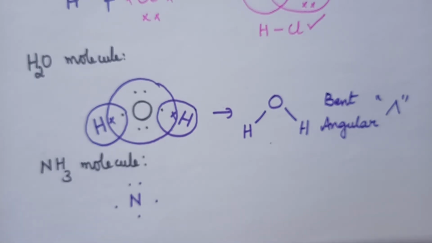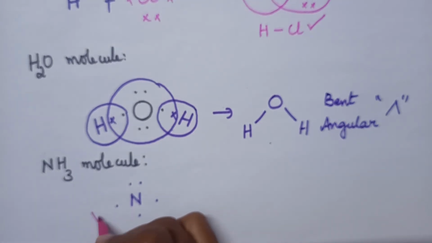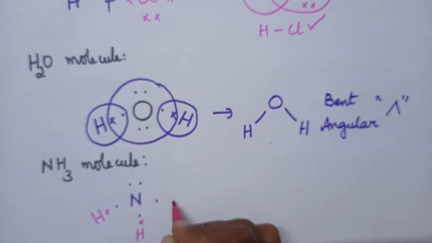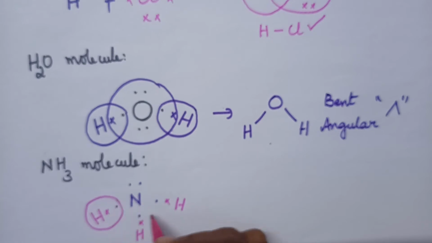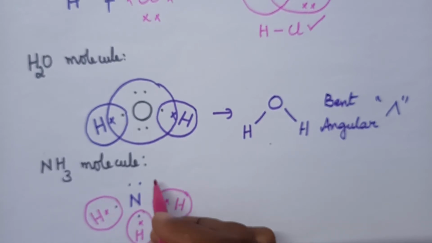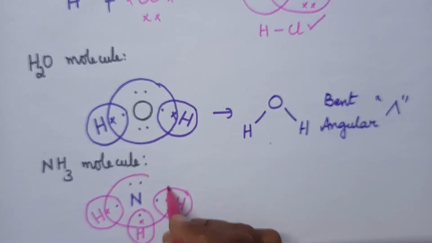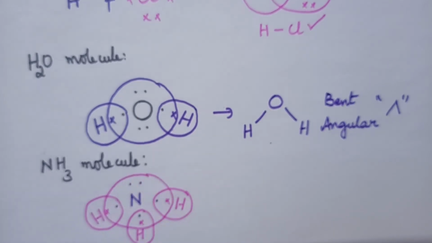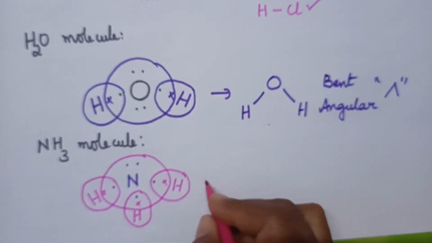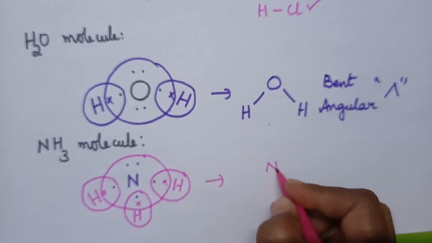Here each hydrogen atom with 1 electron forms a covalent bond with the nitrogen atom separately. With the result, all the 3 hydrogen atoms acquire stable configuration, and the nitrogen atom also acquires stability.